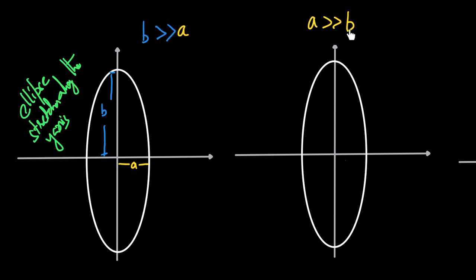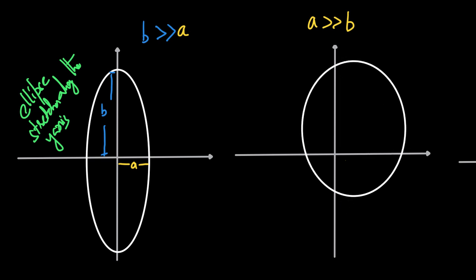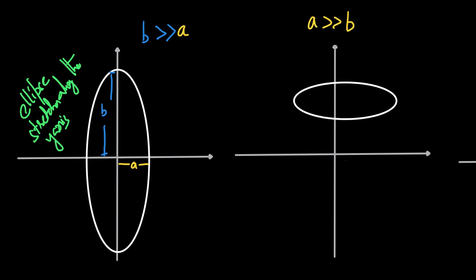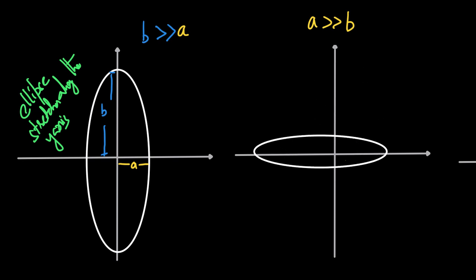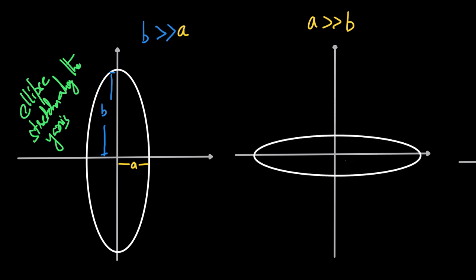Now, what will happen if this turns the other way around? If A is greater than B, what we see is the ellipse will now turn, stretching along the x-axis.